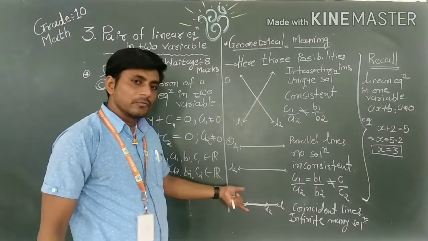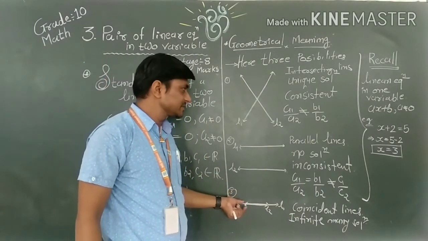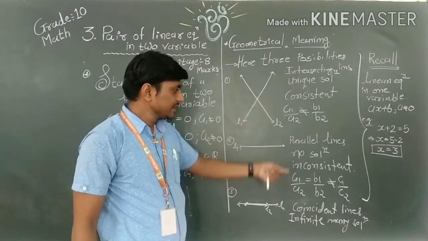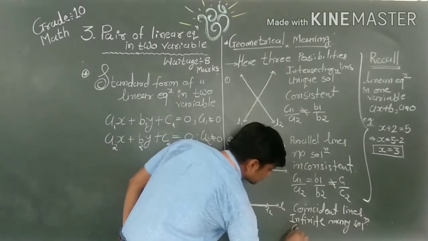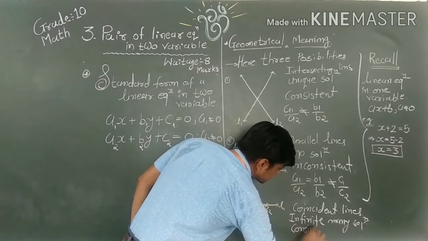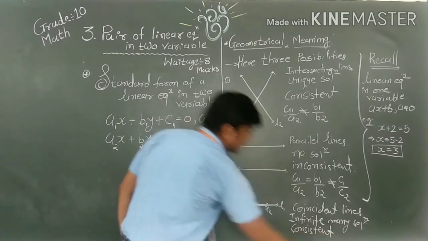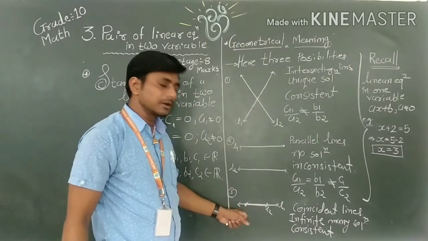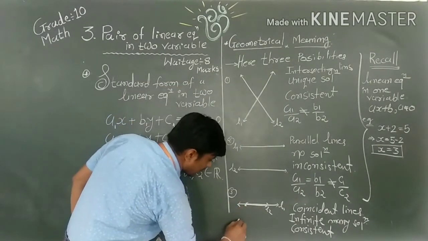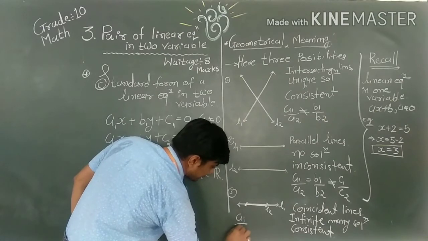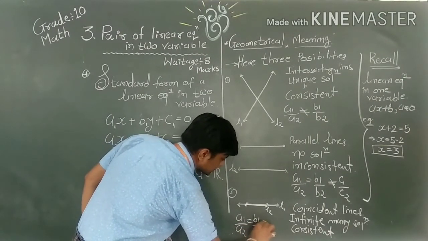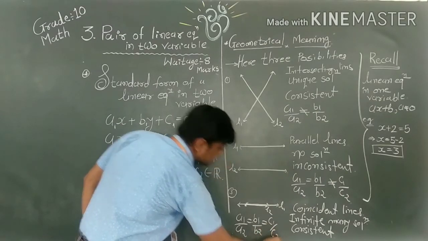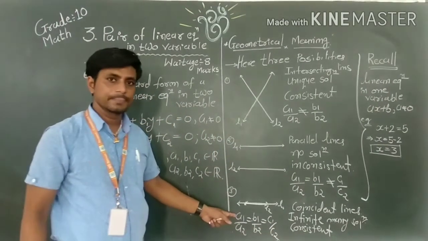Coincident lines are consistent, while parallel lines are inconsistent. And the condition of the third one is that all ratios are the same: a1 upon a2 is equal to b1 upon b2 is equal to c1 upon c2. This is the condition of the third one.